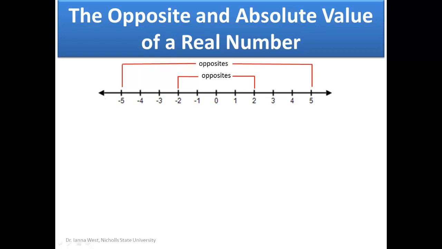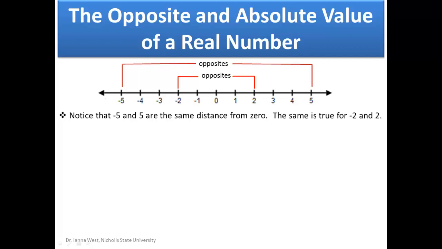Notice that -5 and 5 are the same distance from 0. This is also true for -2 and 2. Having the same distance from 0 makes these numbers opposites.